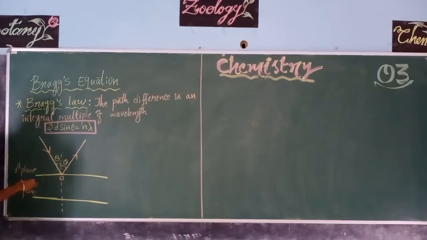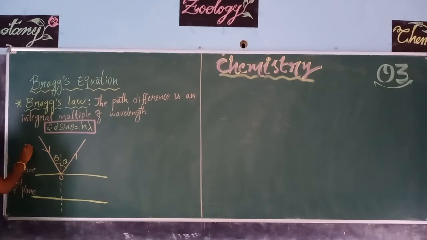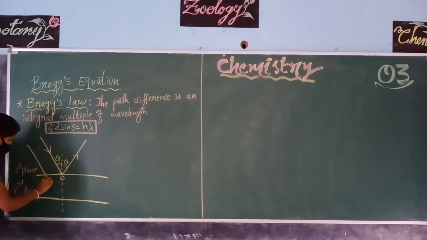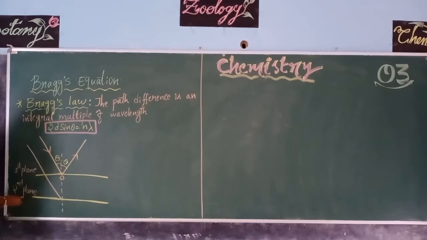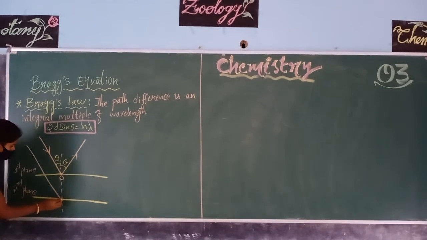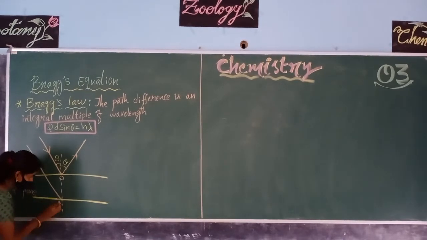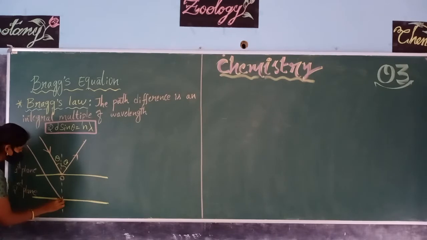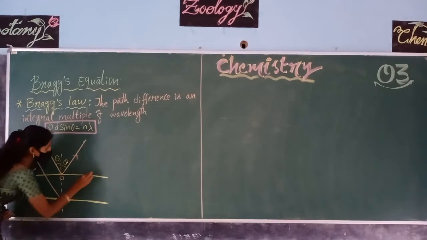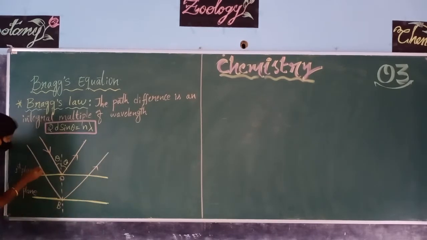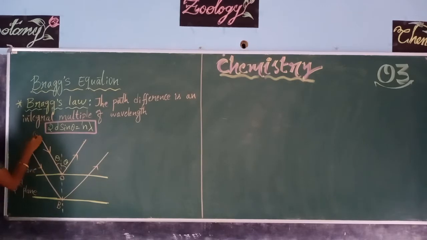Now the second ray is also incident on the second plane at a point B. From point B the second ray has diffracted or refracted. So this is the first ray and this is the second ray.